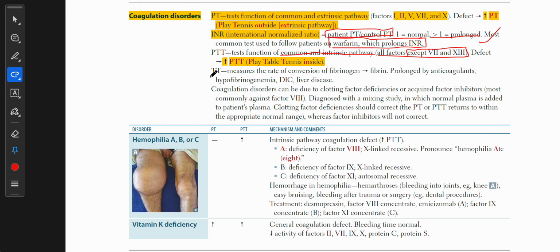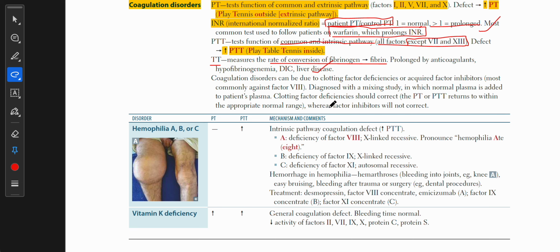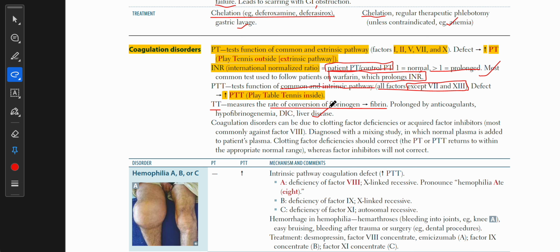Okay. TT. So TT measures the rate of conversion of fibrinogen to fibrin, that is prolonged by anticoagulants, hypofibrinogenemia, and also disseminated intravascular coagulopathy and liver disease, because liver is where these coagulation factors are formed. So liver disease obviously affects all these factors, right?